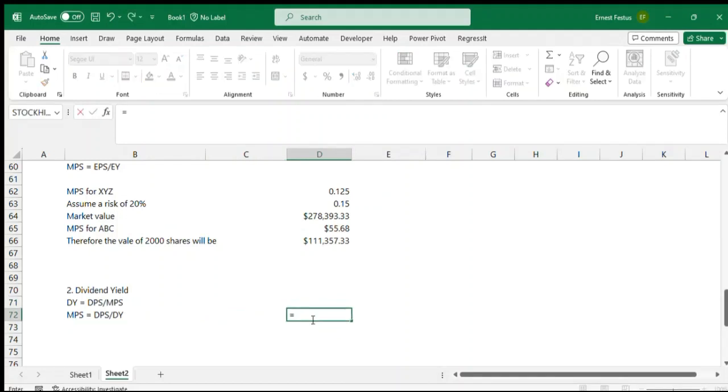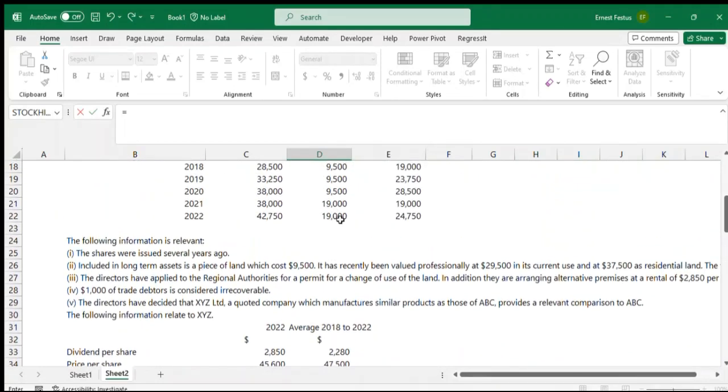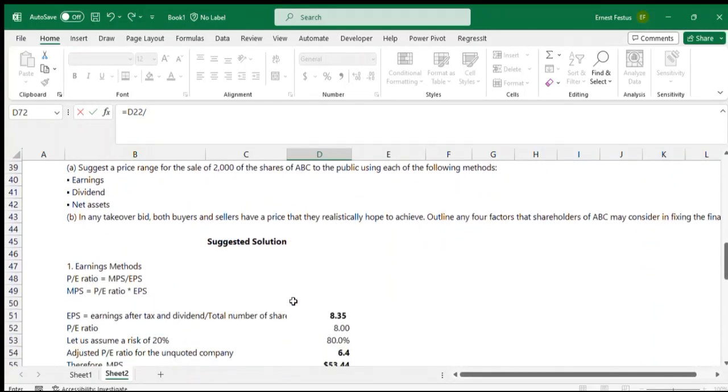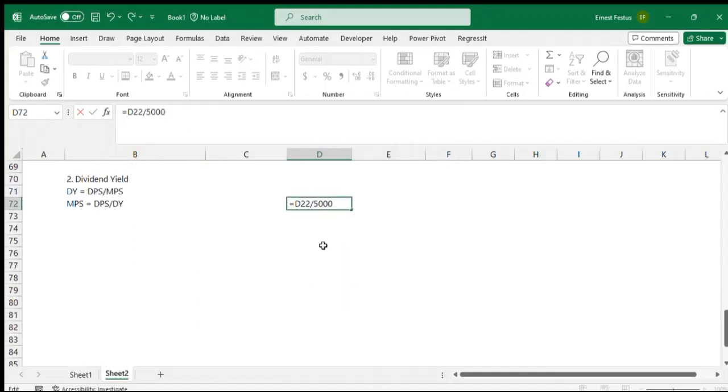That is going to be equal to the dividend for 2019, which is 19,000, divided by our total number of shares, which is 5,000. So I'll type that and then hit enter. So that is our dividend per share.